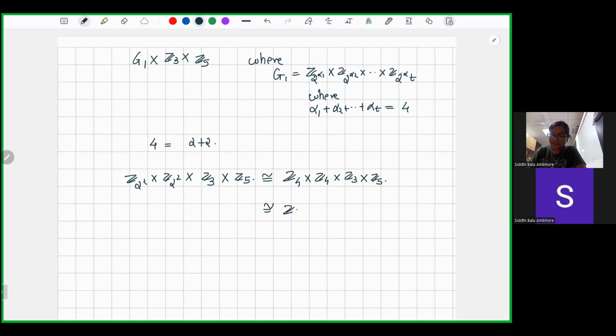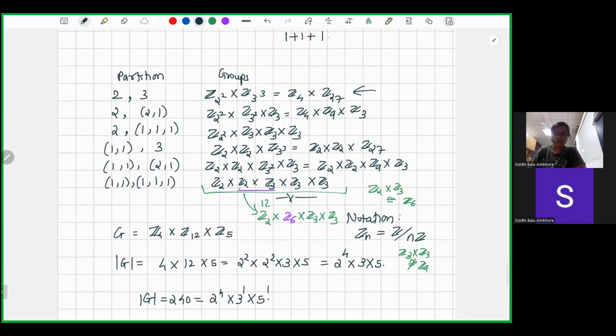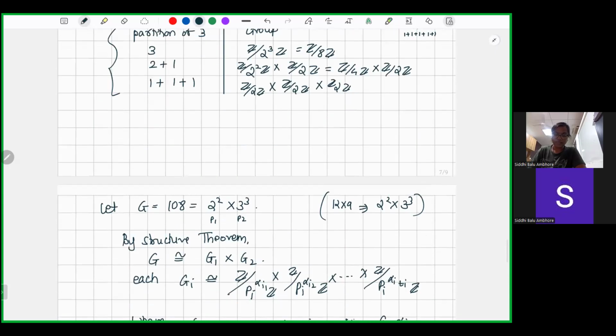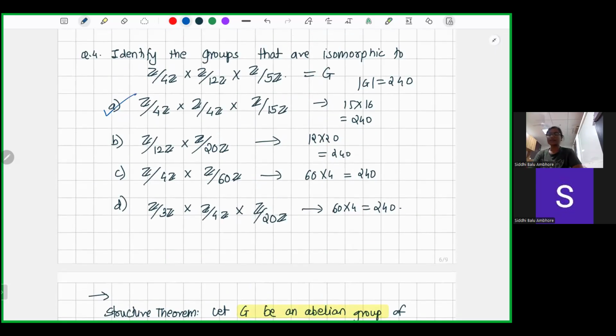Okay. And then, but note that this Z4 cross Z4 is okay, but I can club this Z3 and Z5 to get this Z15. Okay. And that's how I get that this first one is definitely a group which can be isomorphic to the given group. Okay. And now the next one.